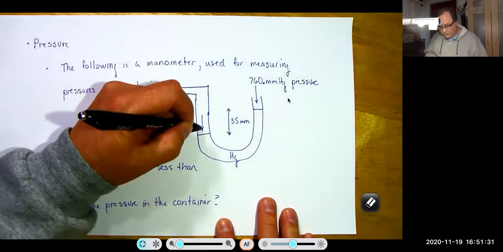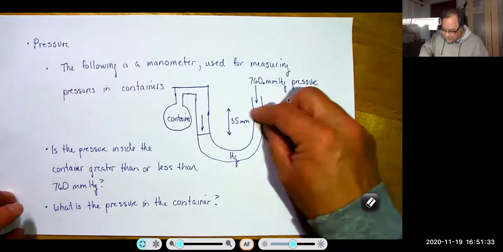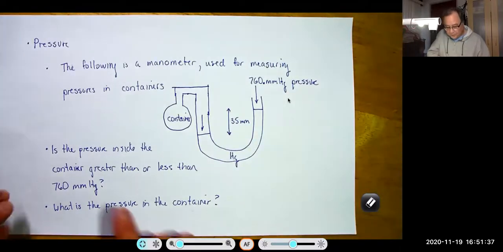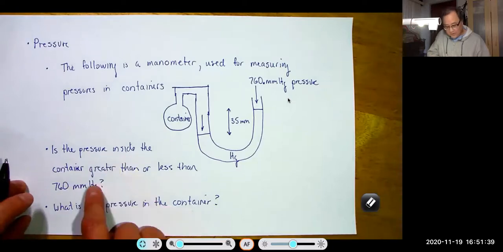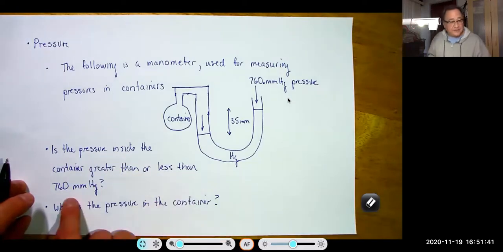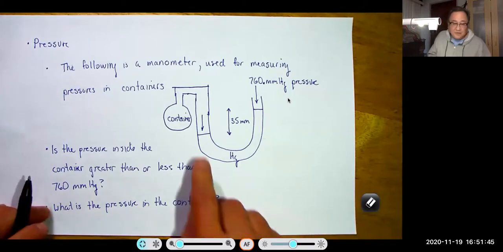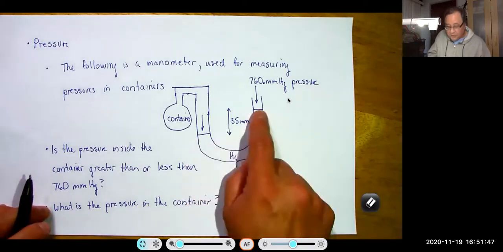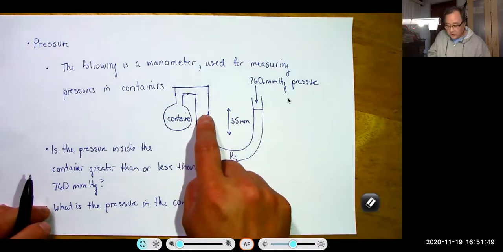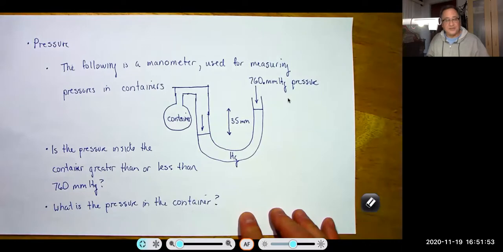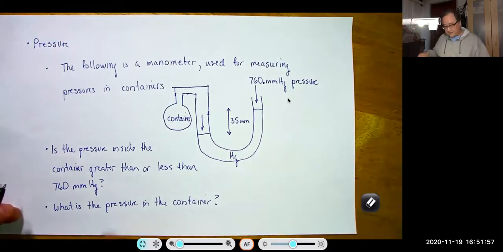Okay, so the difference in levels is 35 millimeters. So is the pressure inside the container greater than or less than 760 millimeters of mercury? Well, since this level is lower than this level, the pressure over here must be greater. So the pressure in the container must be greater than 760 millimeters of mercury. Okay, so what is the pressure in the container?